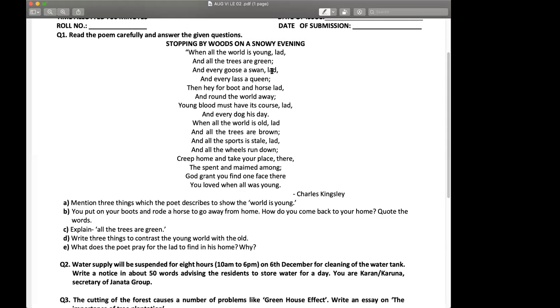What does the poet pray for the lad to find in his home when he returns home, when he becomes old? Let's suppose we are all very young. When we are at the age of 60, our parents will be more than 100 years old. So what is he praying? That there should be at least one loved one whom we have left behind.